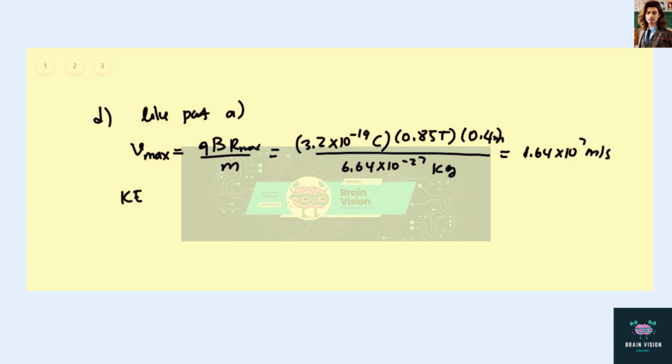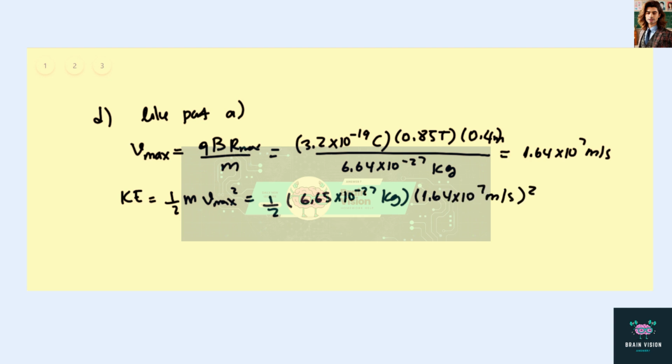Then we're going to plug it into the kinetic energy equation. What we get is 1/2 times 6.65 times 10 to the power negative 27 kilograms times 1.64 times 10 to the power 7 meters per second, squared. That would be equal to 8.9 times 10 to the power negative 13 joules again.